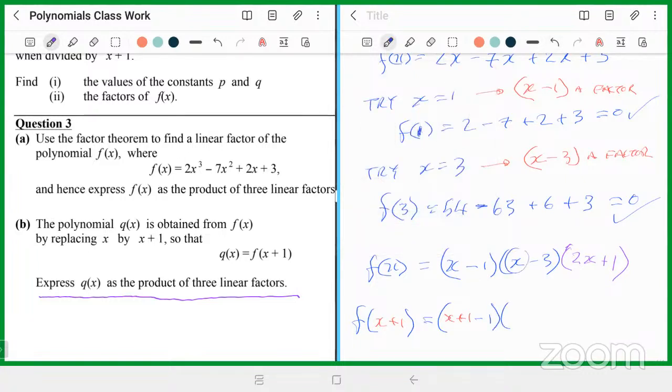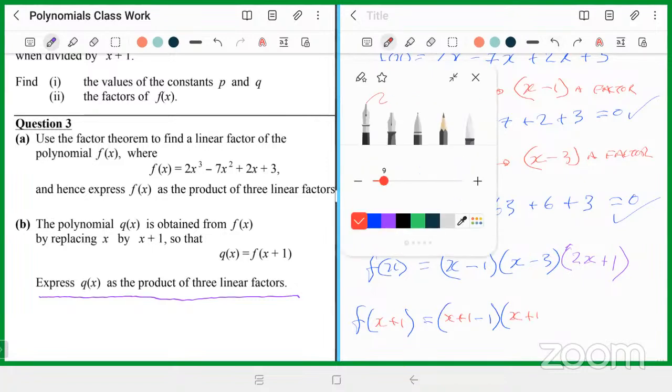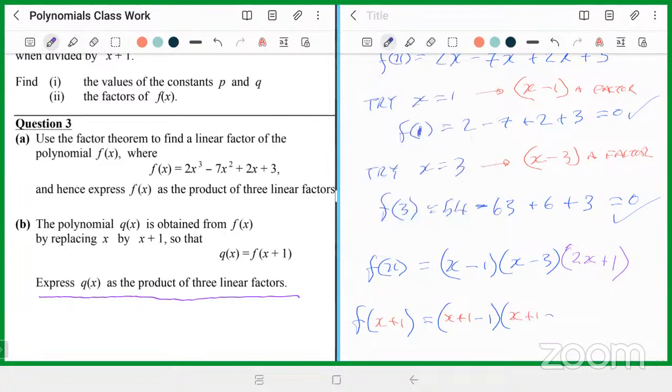And then put the x plus 1 for that x. And then subtract this 3. And then it is 2. I want to replace this x with x plus 1 right here, and then plus back that one.